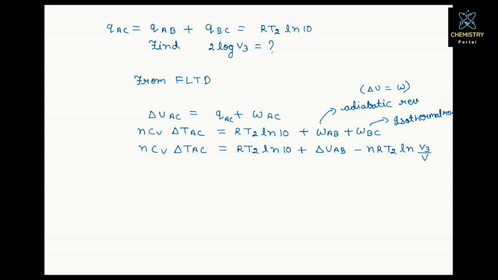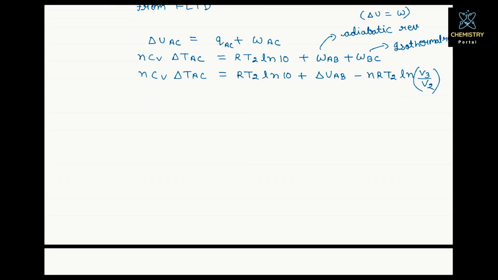Because the final volume is V3 and the initial volume is V2. For the AC process, the final temperature is T2 and the initial temperature is T1, so it becomes nCV (T2 minus T1). Delta U is nCV delta T for the AB process, final temperature T2 and initial temperature T1, and minus nRT2 ln V3 divided by V2.